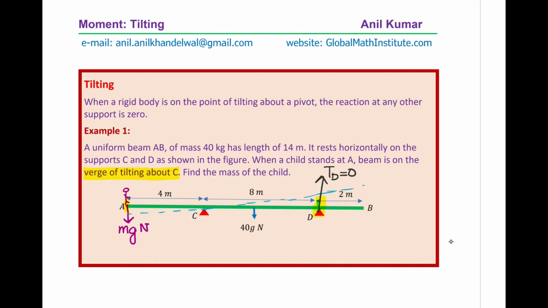That is what it is at the verge of tilting, or when it is just about to tilt, or sometimes we also use the word turn over. So we use tilt or also turn over. When it turns over this particular point, then the tension here or the reaction here is zero. When there is a support, we normally say it's a reaction. So we can say reaction at D is zero. So let me write R.